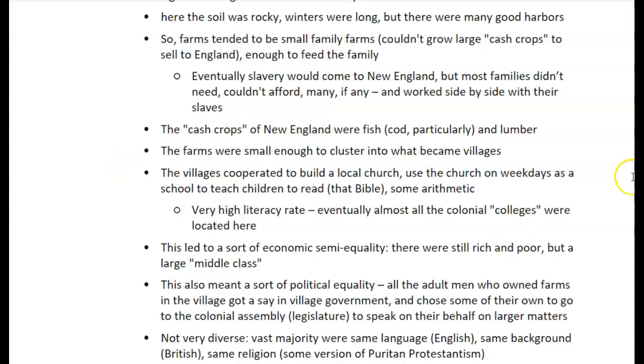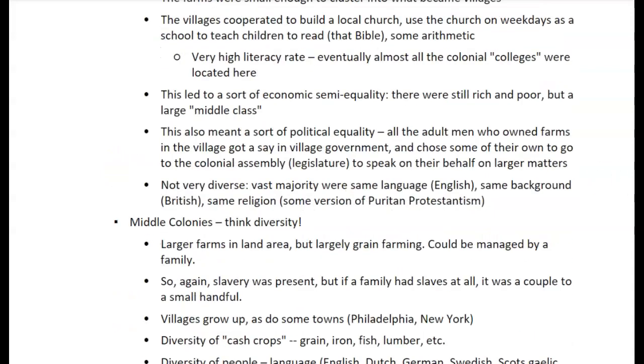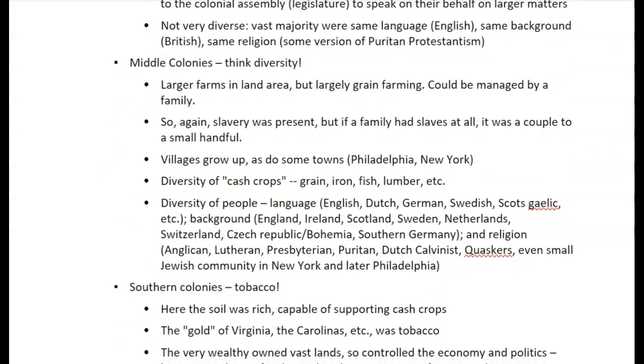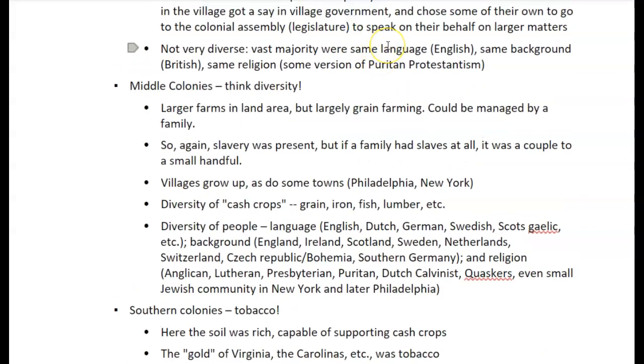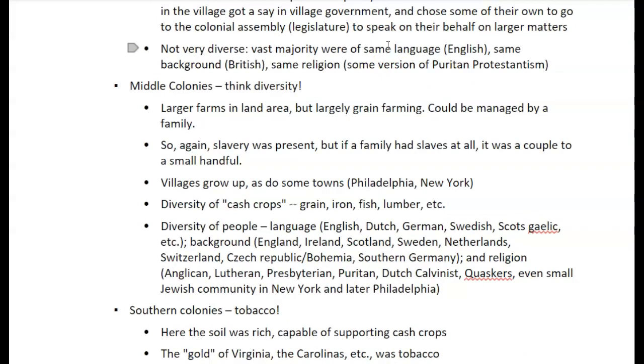New England is not very diverse. The vast majority of people there spoke the same language, English, had the same background, they were British, and the same religion, some version of Puritanism. Okay. Second group, the middle colonies, and we'll do a map of this in just a minute.